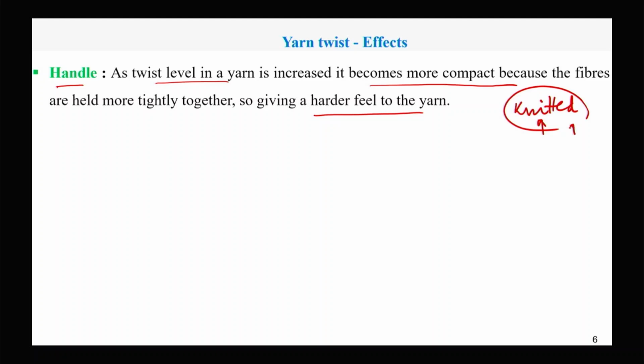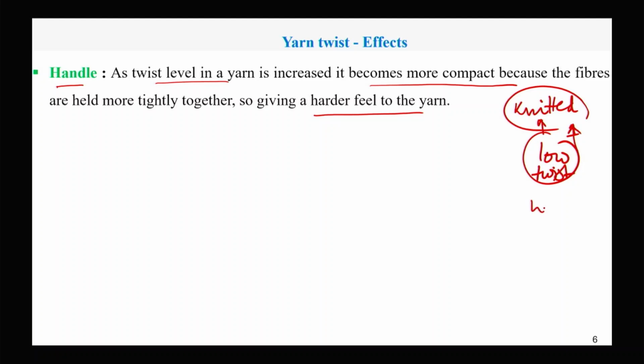Knitted fabric's characteristic is high stretchability. But as it is touching the body, we need a yarn with a soft feel. So for that, low twisted yarns are used. For undergarments, we use low twisted yarn.